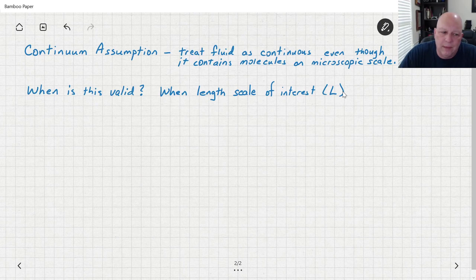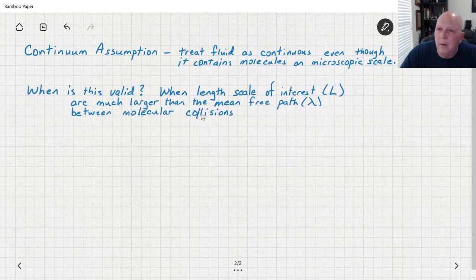That's when this is valid. We'll use the symbol lambda to denote the mean free path. And it's the ratio of these two. So we're going to look at the ratio of the mean free path divided by the length scale of interest. And that's given a name. It's called the Knudsen number.